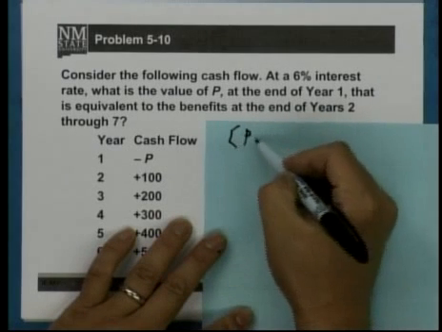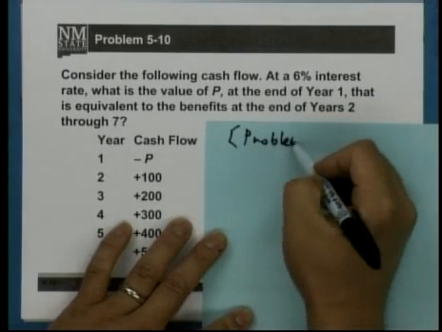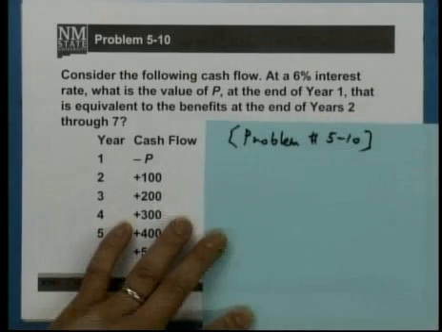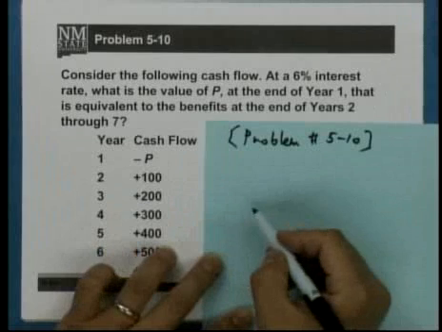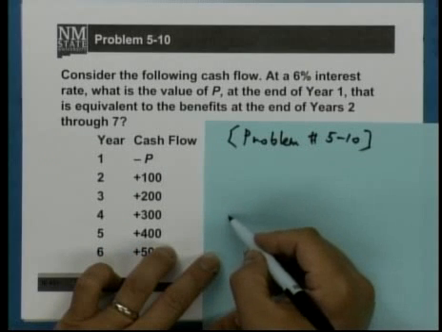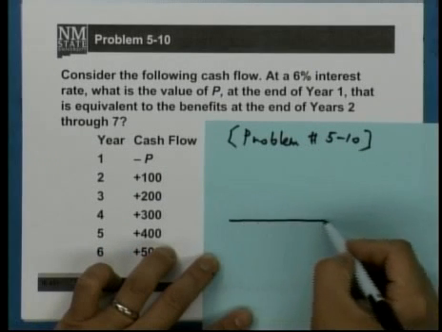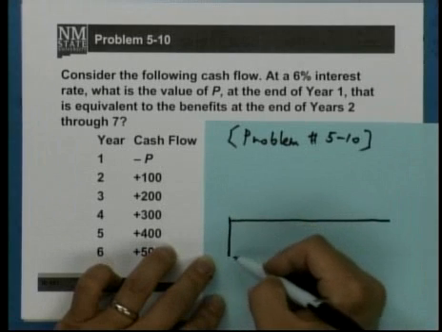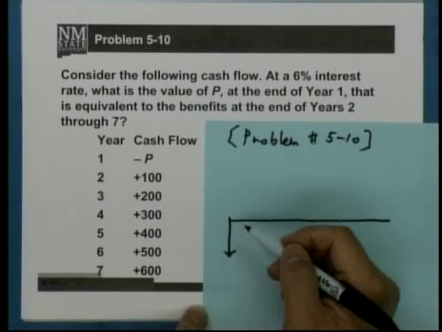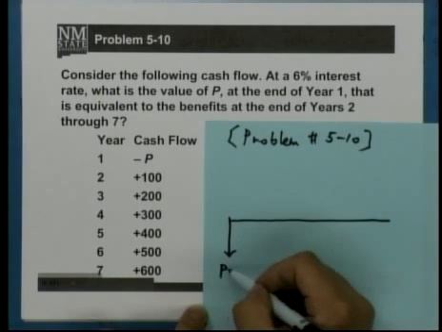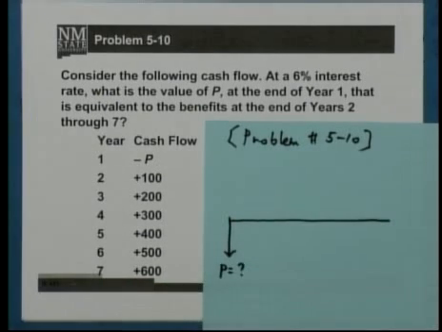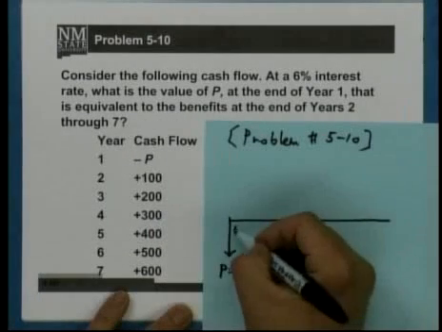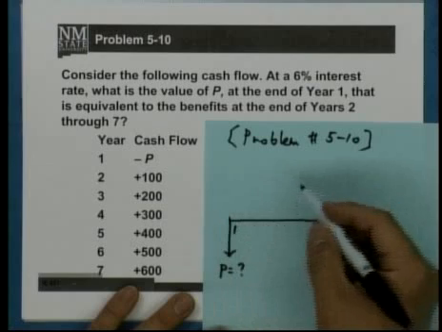So this is the problem number 5-10. We want to know the present sum of P. Okay, it's at the end of period 1 instead of 0.